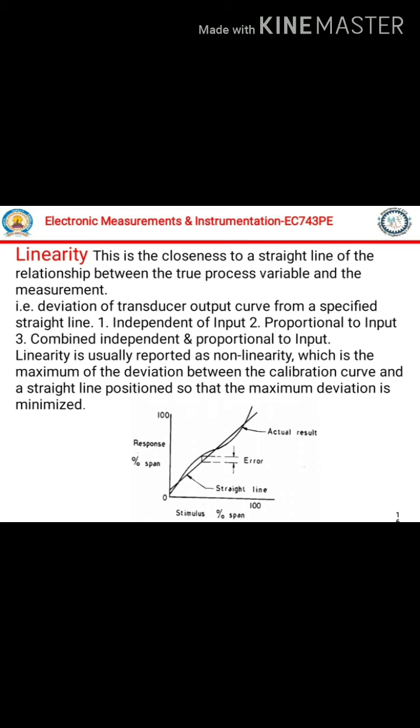The next static performance characteristic is linearity. Generally, linearity means how the input and output relations depend on each other, how proportional they are to each other.